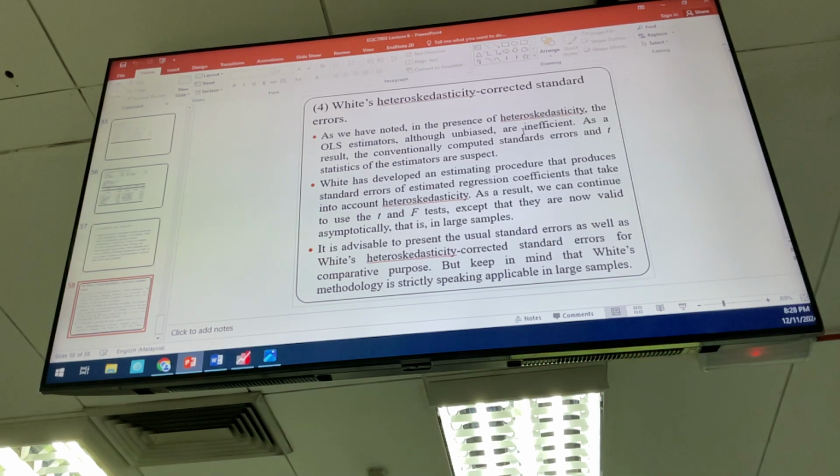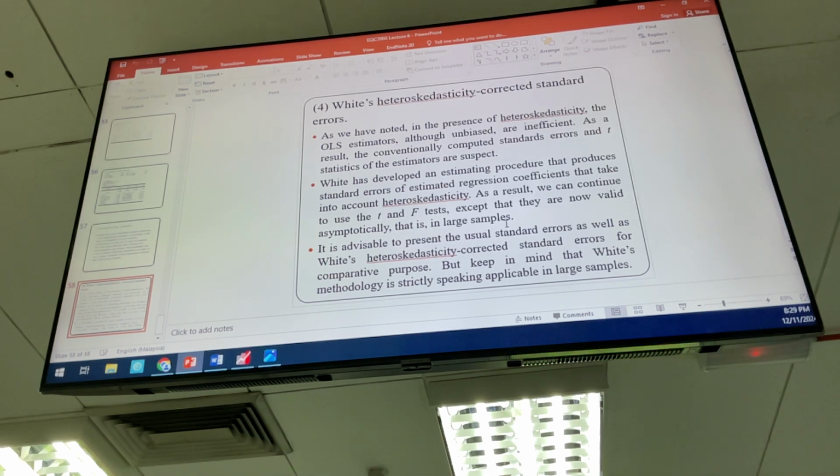It is advisable to present the usual standard errors as well as the White heteroscedasticity-corrected standard errors for comparative purposes, but keep in mind that White's methodology is, strictly speaking, applicable in large samples. So if you want to use this approach as a remedial measure, you have to make sure you have a large enough data set, a large sample size.